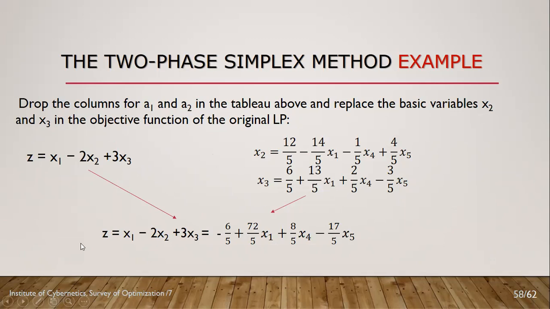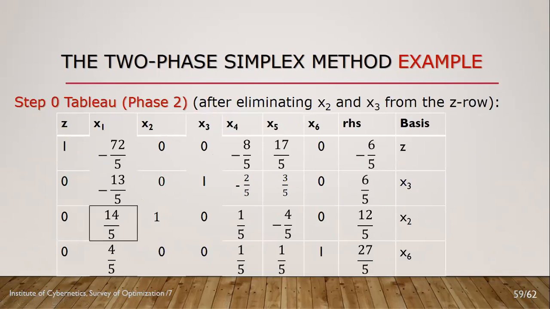Then we substitute, find the like terms, perform basic arithmetic operations, and this is the updated objective function. We move to phase 2 after eliminating x sub 2 and x sub 3 from the 0. The updated step 0 tableau for phase 2 looks like this.